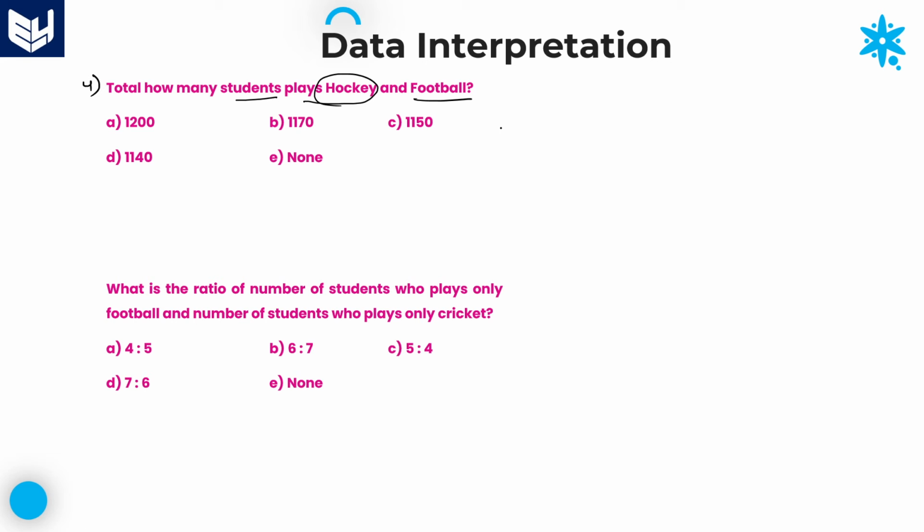Here he is asking us to calculate how many students are playing hockey and how many students are playing football. It means you take all the remaining values except cricket.